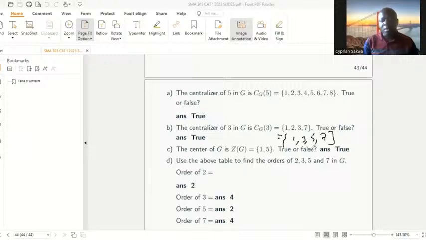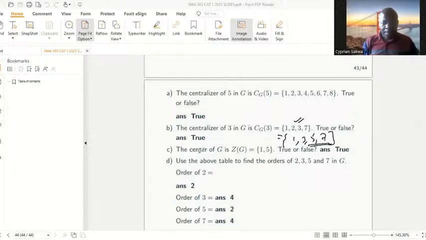These are the centralizers. I think, but in my copy, this was given correctly this way. So the answer is supposed to be true. But if it remains like this, then the answer will be false.